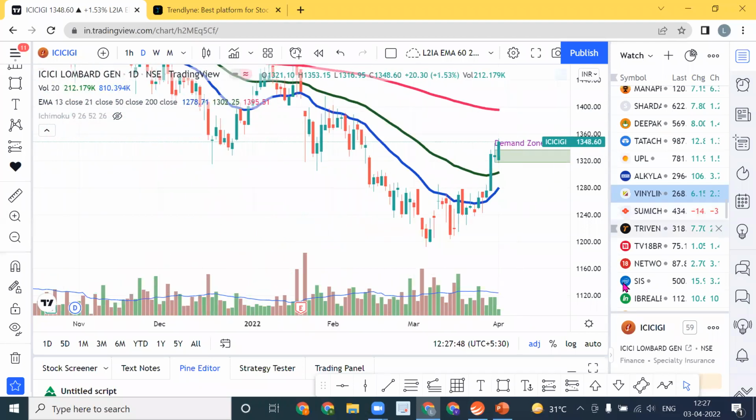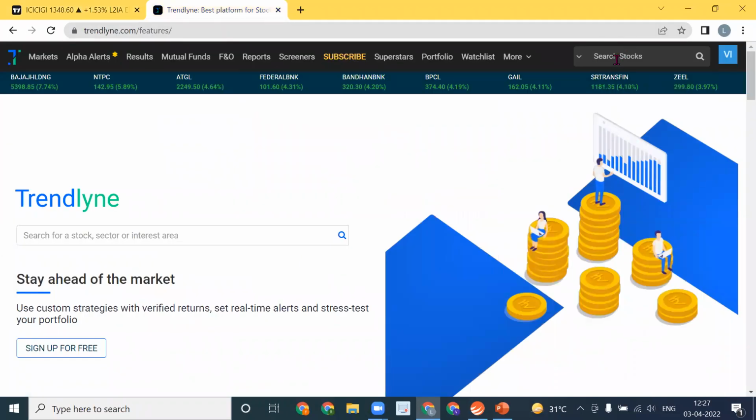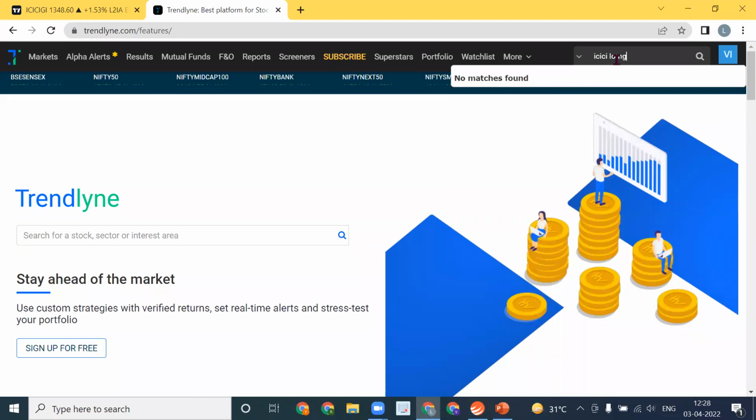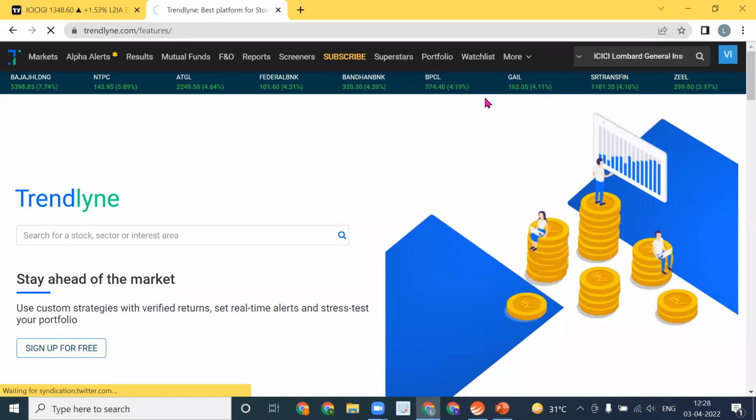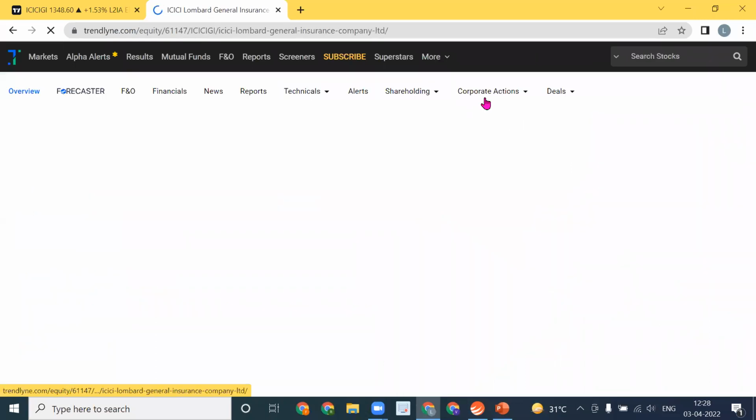The stock is weak. I don't know much about the fundamentals. ICICI Lombard, General Insurance.